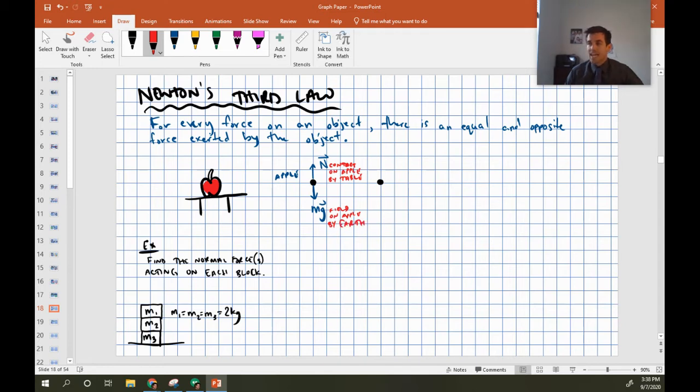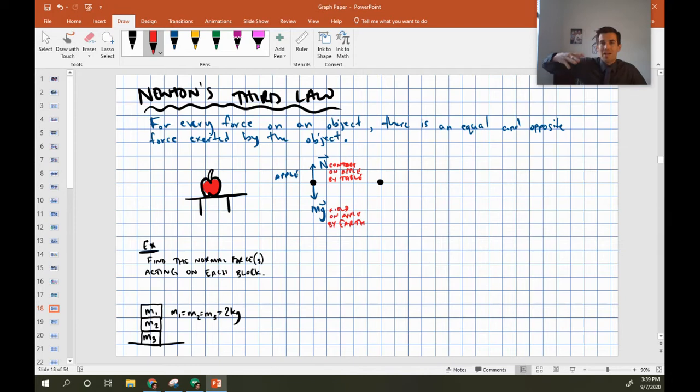Okay, these can't be a Newton's third law pair. They are, in this case, equal in magnitude and opposite in direction. But there's no law that says that they have to be. We could create scenarios in which that apple has more normal force or less normal force if we wanted to.